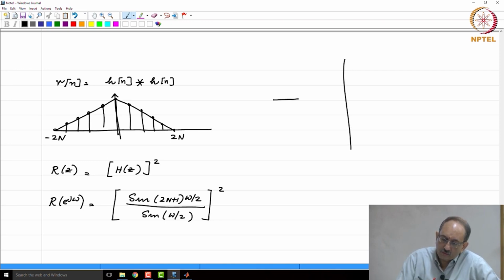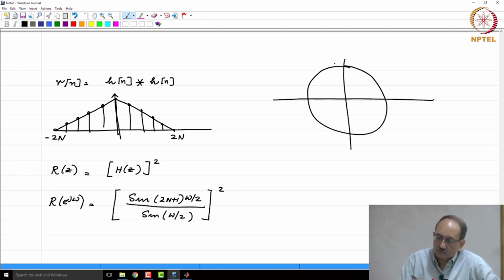If you now plot the pole-zero plot, of course, there will be a certain order trivial pole, and then you will have zeros on the unit circle, but the difference in this case will be that, what can you say about the zeros?